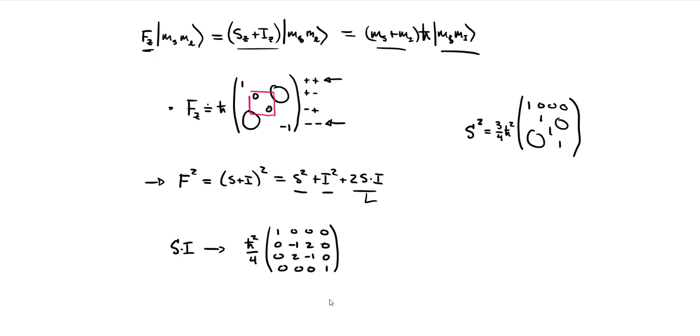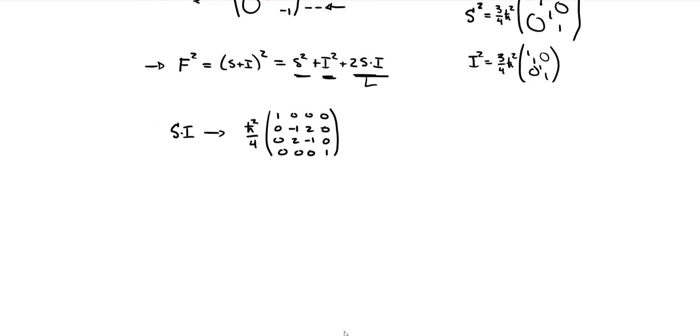Likewise, the I squared operator is going to be the same, because the s squared operating on a spin 1/2 particle gives us that eigenvalue, and it's the same for any one of these states. So we have this matrix and this matrix and this matrix all in the uncoupled basis.